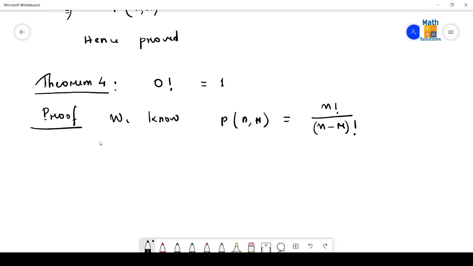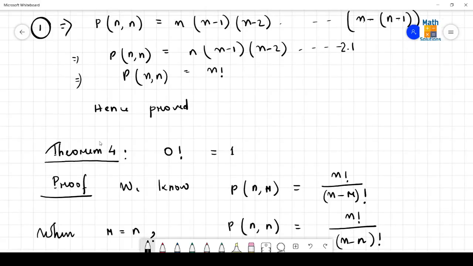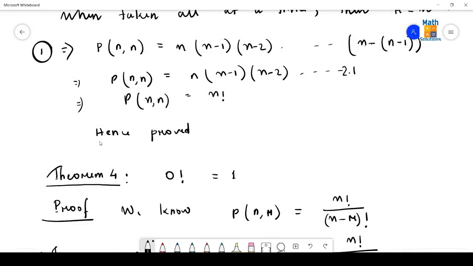So if we consider when r is equal to n, then it will become P n comma n is equal to n factorial by n minus n factorial, putting n in place of r. This implies, in the previous theorem, I mean in theorem 3, already we got that P n of n is equal to n factorial.